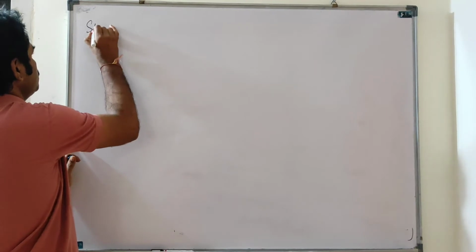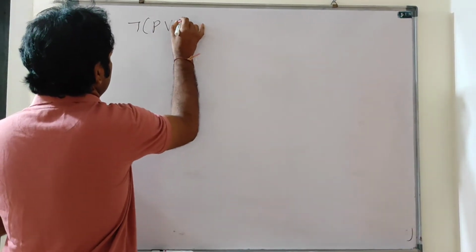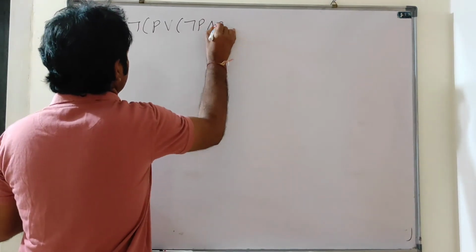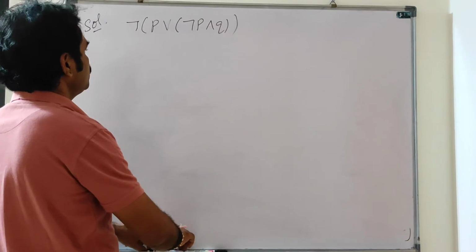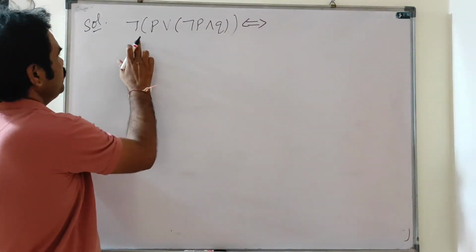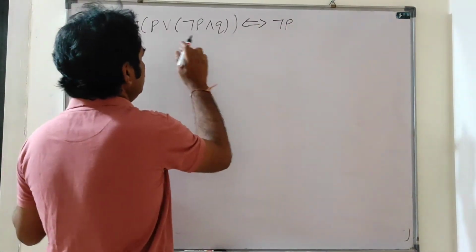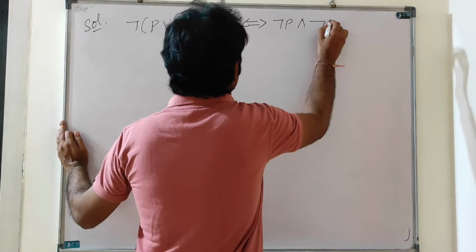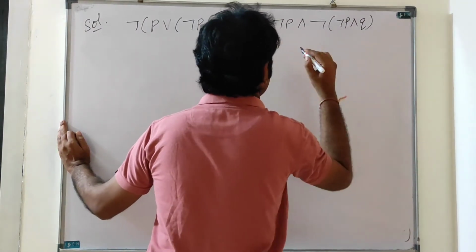See the solution. Negation of (P or (negation P and Q)) is equivalent to, by De Morgan law, negation P and negation of (negation P and Q).